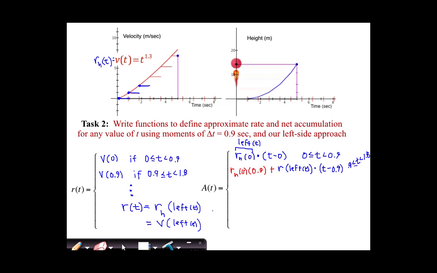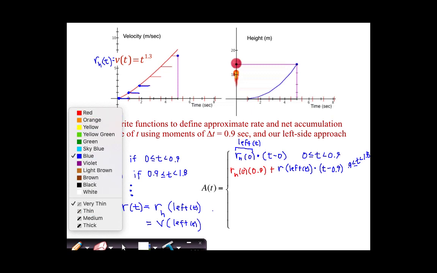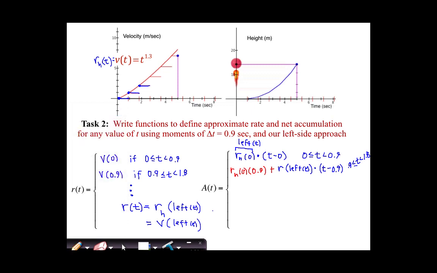And I'm only going to write one more of these because these get really annoying to write, and then we're going to talk carefully about how to piece this together using sum notation. So you can see there's a lot of adding here to do this more succinctly. But if I'm in the third interval, I've got 2 full intervals' worth of stuff that already happened. Whatever happened in the first interval is due to the exact rate at 0 times 0.9, just like before.